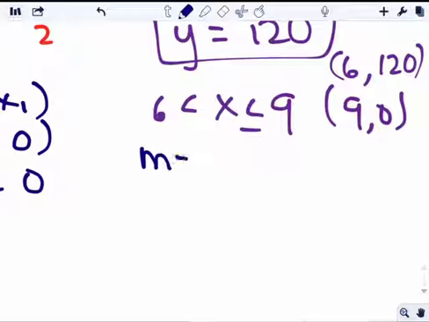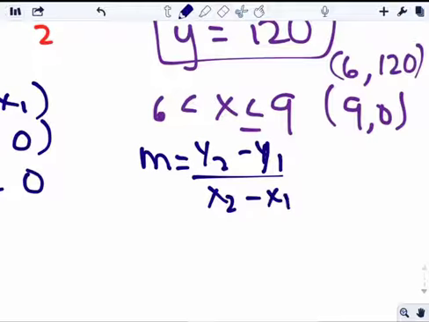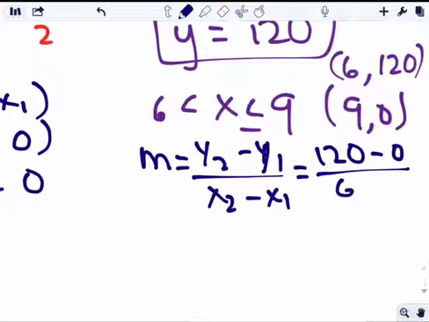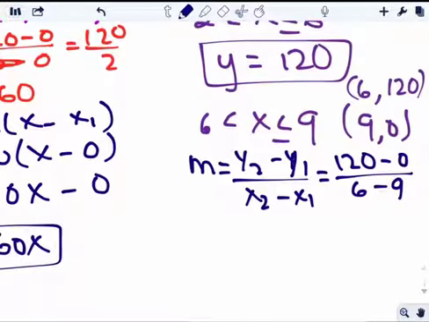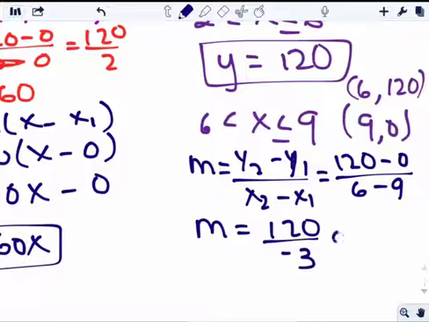M equals y2 minus y1 over x2 minus x1. So that is 120 minus 0 over 6 minus 9. Okay, that gives me slope as 120 over negative 3, or negative 40.